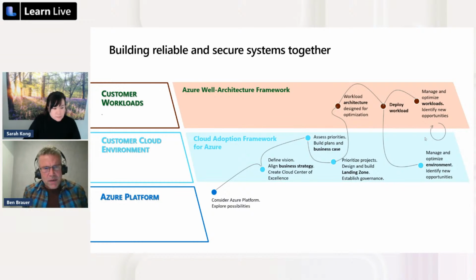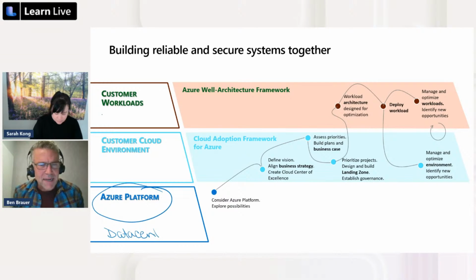If you start with the Azure platform at the bottom left, this is a no-brainer. This is something that just happens, because Microsoft is thinking about all the different functionality and facilities required to have a secure and reliable foundation. So we'll just keep it at that.